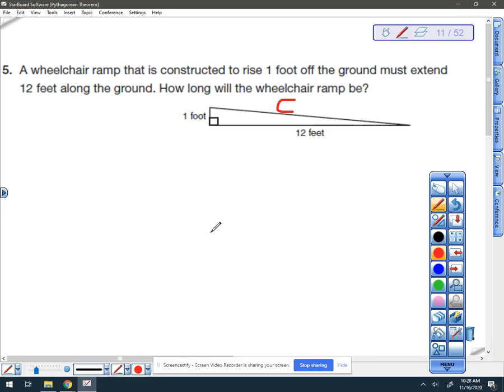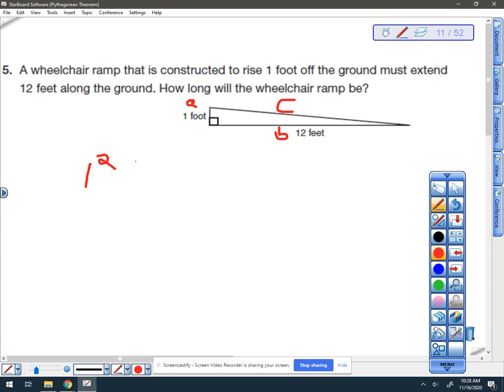All right, so you should have paused the video, done that problem. I'm going to label 1 as my A, 12 as my B. Remember, it doesn't matter which one's which. So A squared plus B squared equals C squared.